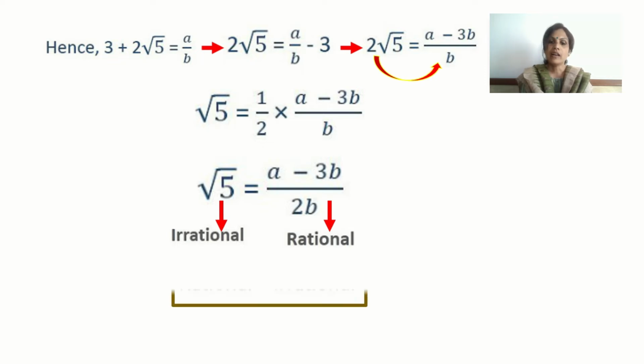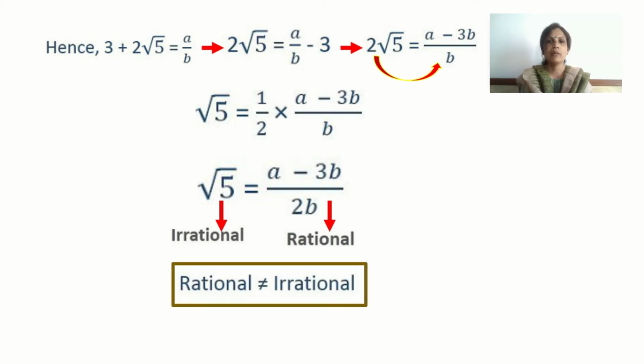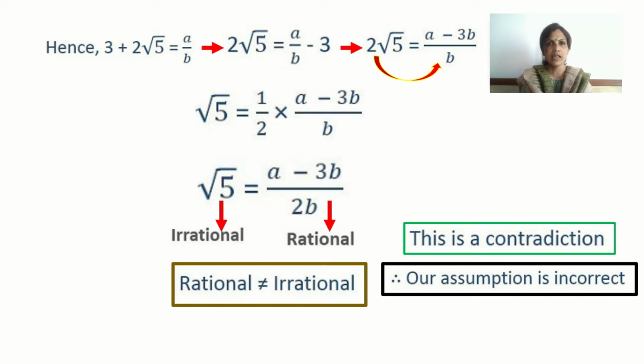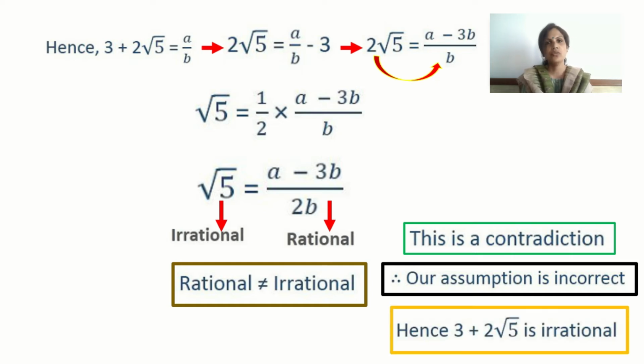Rational number and irrational number cannot be equal. Alright, so this is the contradiction to what we have assumed. So our assumption that 3 plus 2 root 5 is a rational number is incorrect. It's not right, and therefore we can say that 3 plus 2 root 5 is an irrational number.